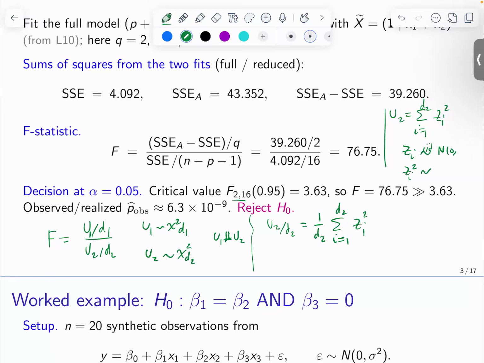What is the distribution of each individual Zi squared? They're chi-squared with 1 degree of freedom. And then you add up independent chi-squared ones, D2 of them, you get chi-squared D2. So the distribution has a tail that goes off to infinity, and because the normal goes to infinity, they can take large values.